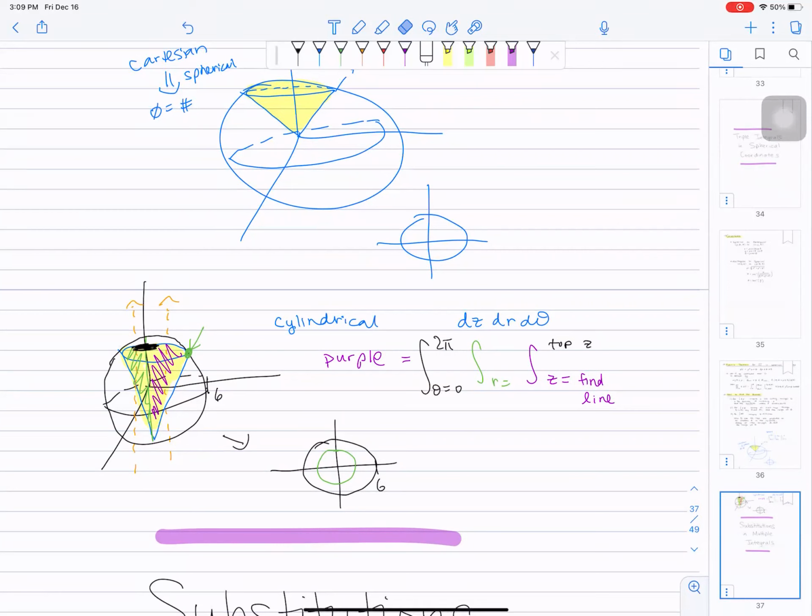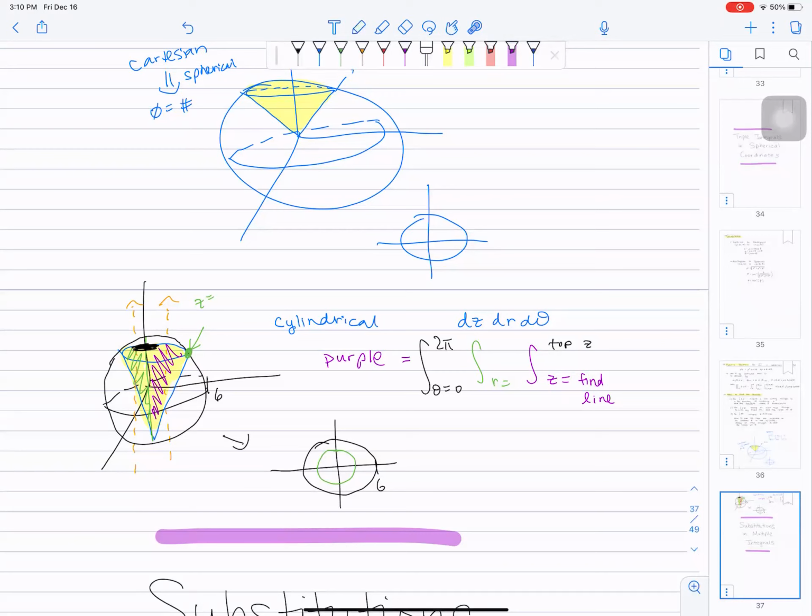Let me think. You're given an equation of a cone. What is a cone usually given as?